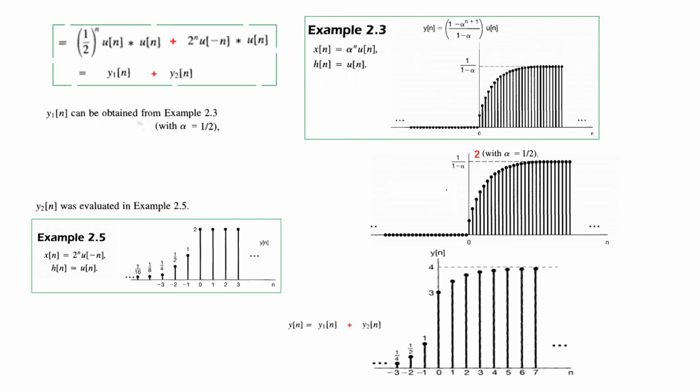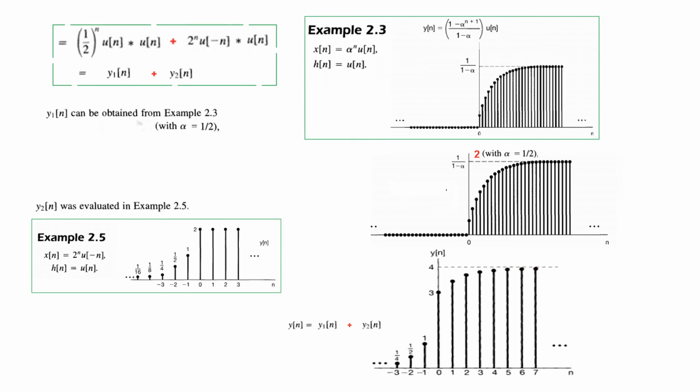Next, this value is 1, so 1 plus this 2 gives 3 at this point. The maximum value here is 2, and in the other case it is also 2, so 2 plus 2 is 4, the maximum value.